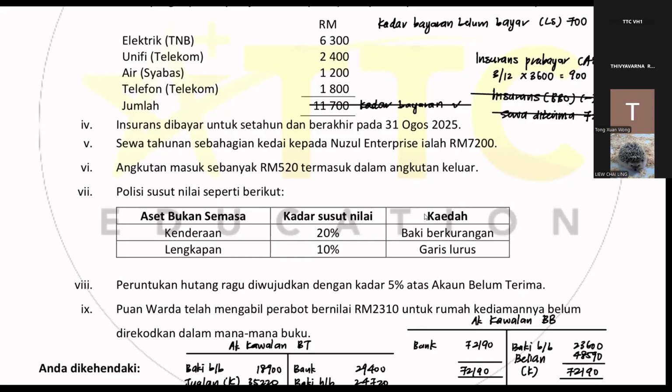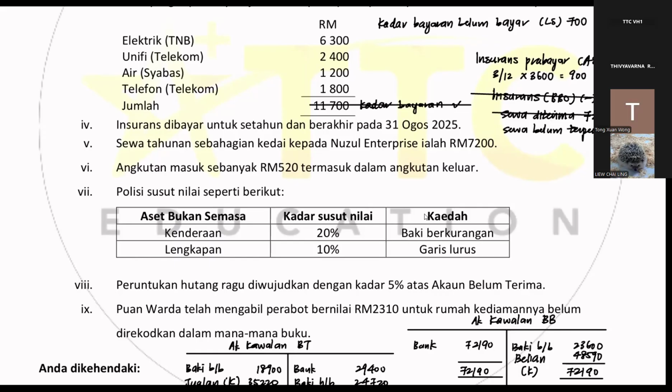We receive extra 200. That means we received the rent, but we haven't delivered the rental service for next year. So how we call it? We received the money extra, but we haven't earned the money yet. So we call it as sewa belum terperoleh.